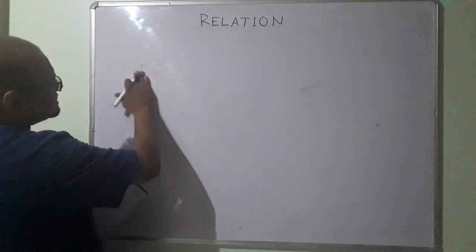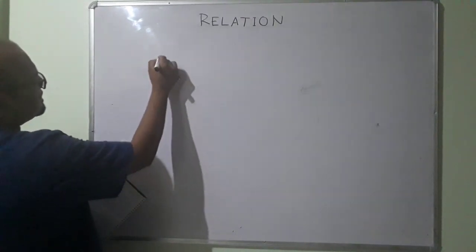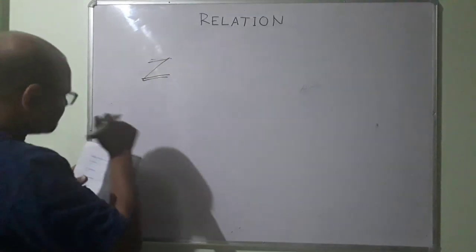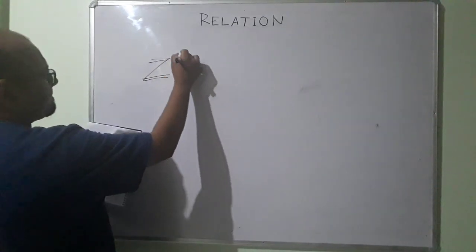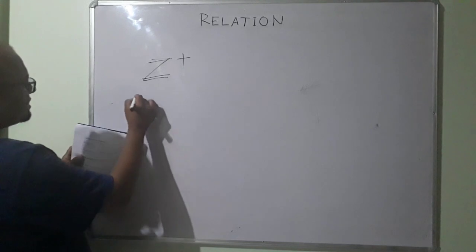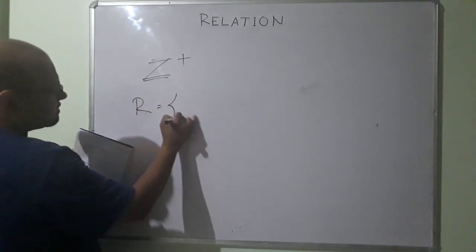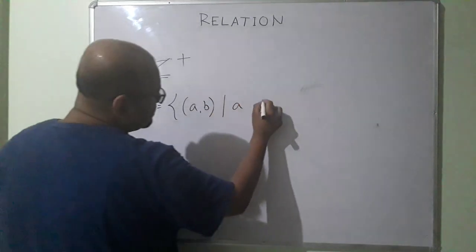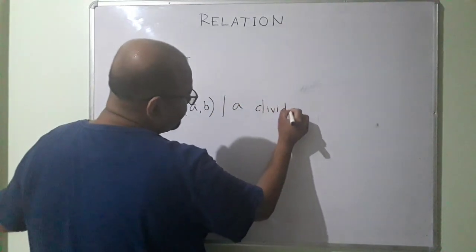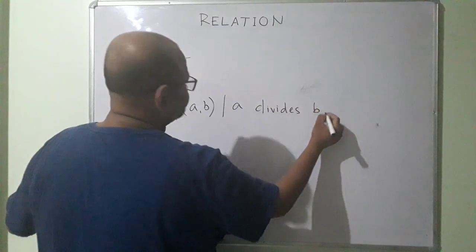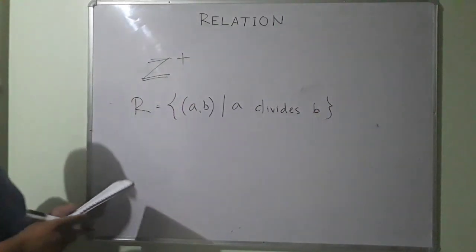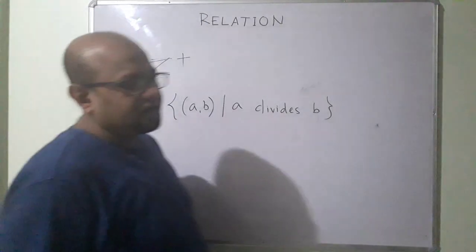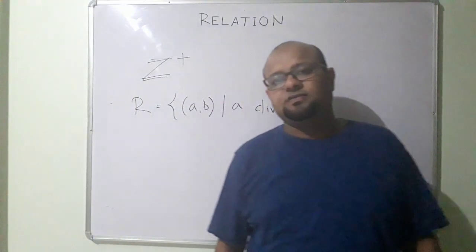My set is the set of positive integers, and my relation is given by this: relation (A,B) such that A divides B. Now, is this reflexive?